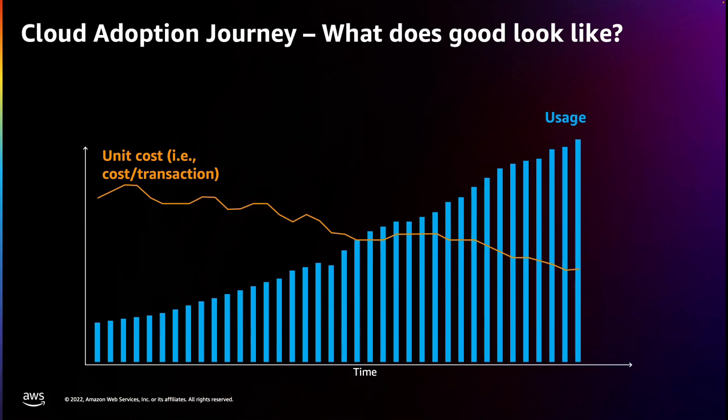It could be cost per user or per customer. The idea here is that if you bring together your spend for AWS infrastructure and the amount of your business unit metrics like transactions, users, then you can divide your total usage by the amount of users, and you can come up with this unit cost, or cost per user, cost per transaction.